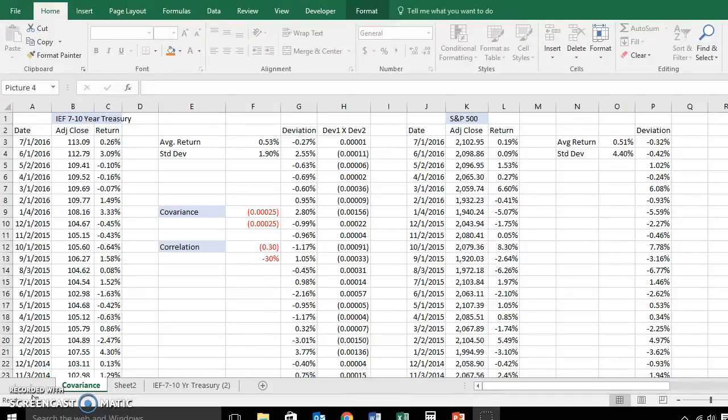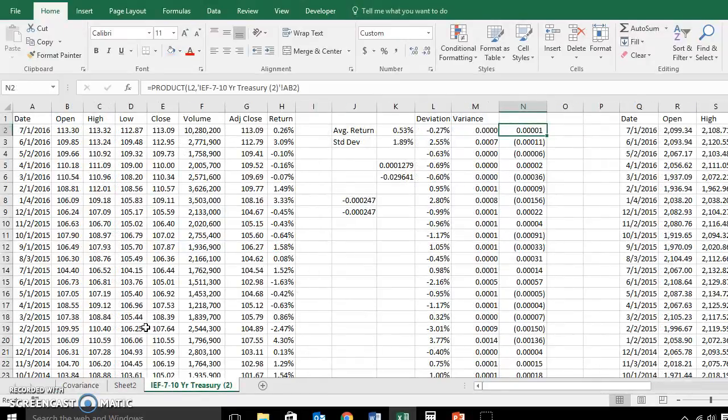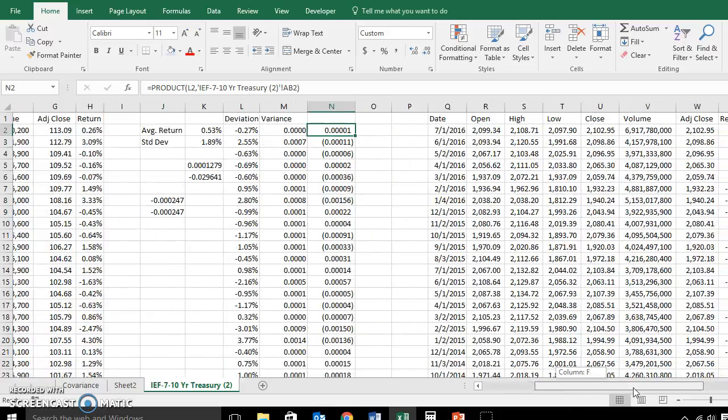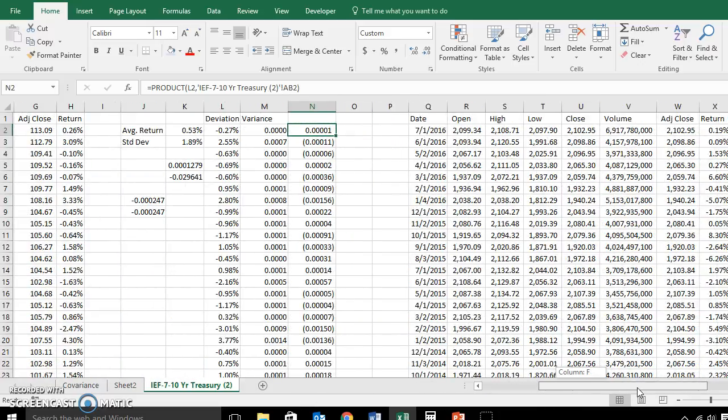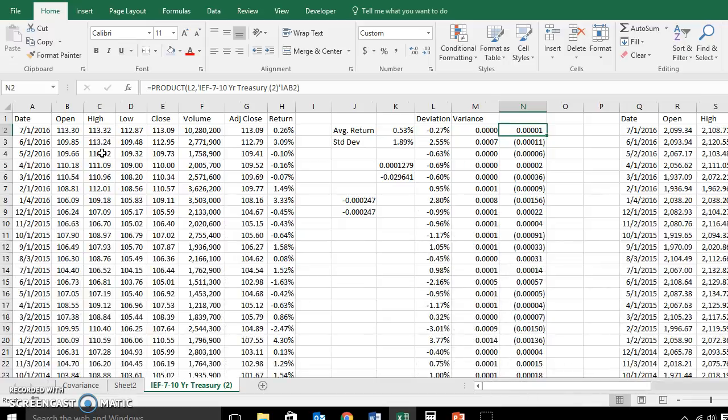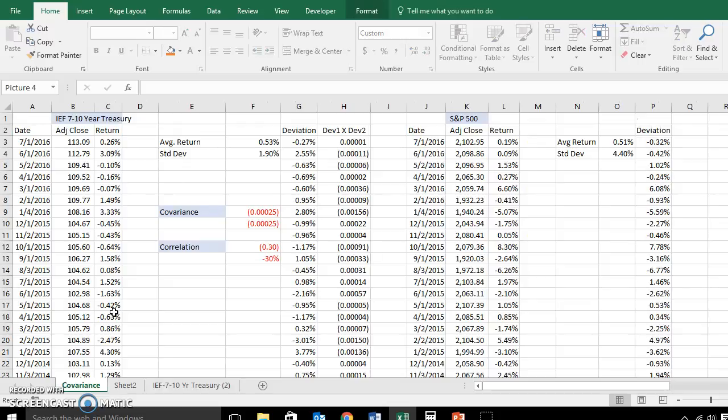So what I have done, some preparation. Again, I went to finance.yahoo.com, and from there I have downloaded some information. For example, this is the monthly return for 7 to 10 year treasury security, and then at the same time I have the return for S&P 500 also, and I took the last 10 years worth of return.